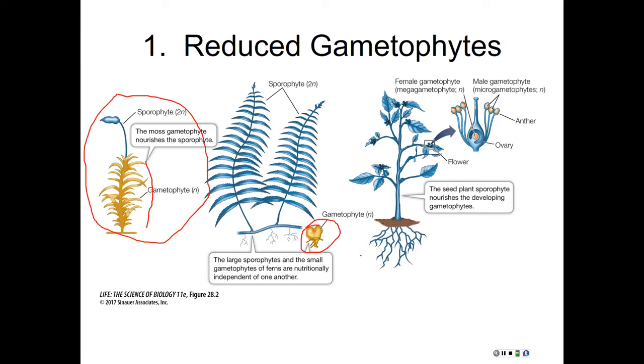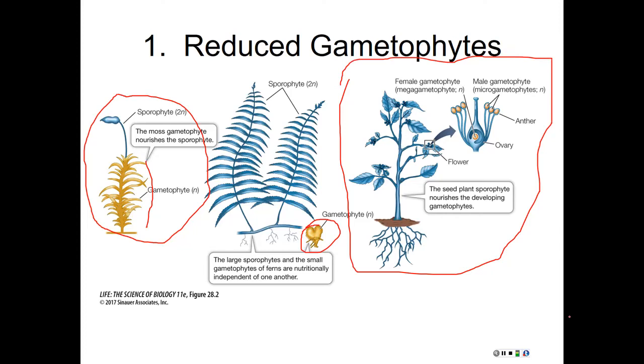We see an even more extreme reduction in gametophyte size in our seed plants. So here's an example of a flowering plant, which is a seed plant. And here, if we want to look at the gametophyte, we're not really going to be able to do that unless we get out a scalpel and a microscope and do some dissection, because the female gametophyte is actually going to be found within the sporophyte structures.